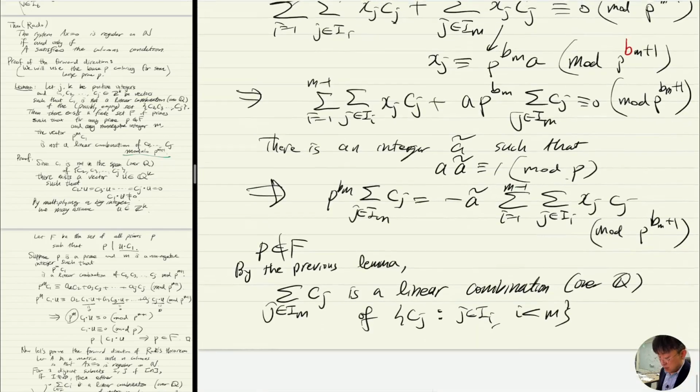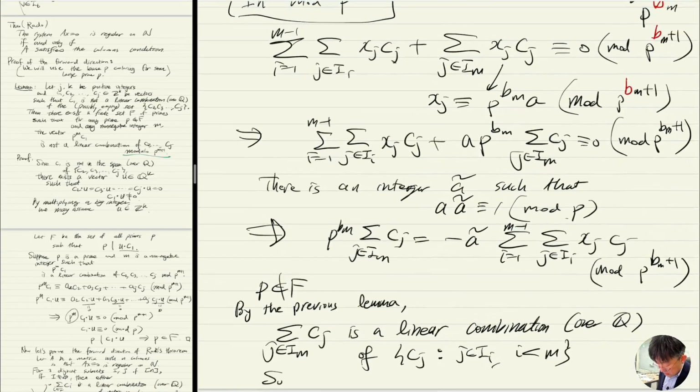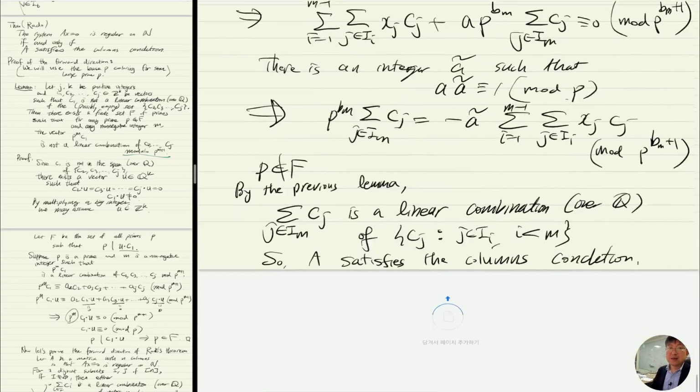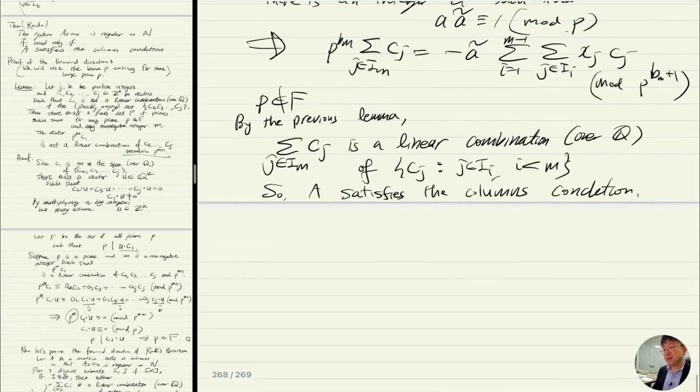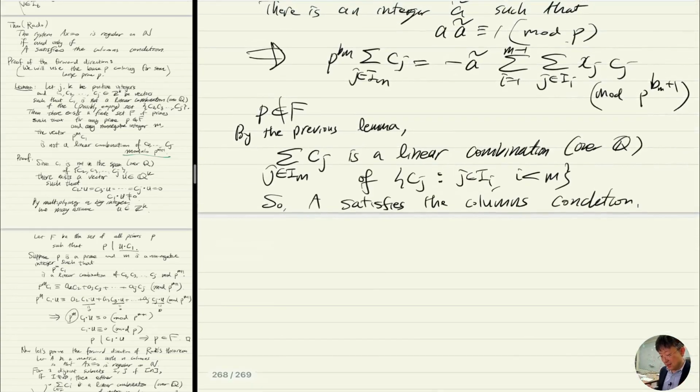Right? So this means that A satisfies the columns condition. So that's the proof that we need the columns condition.